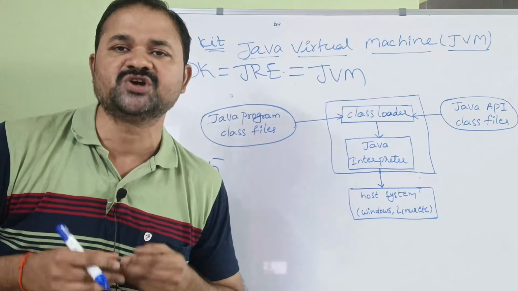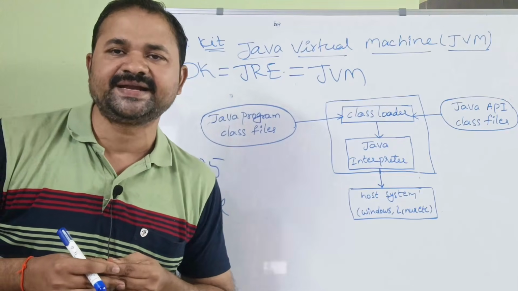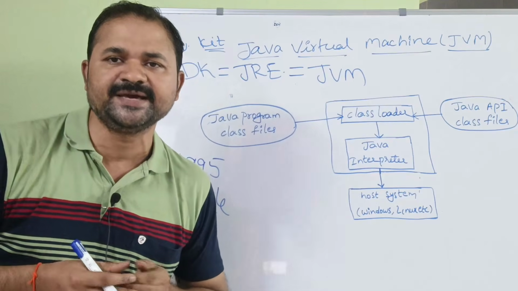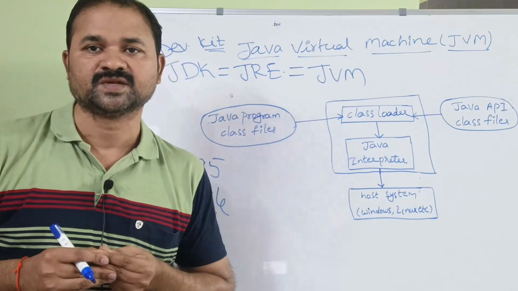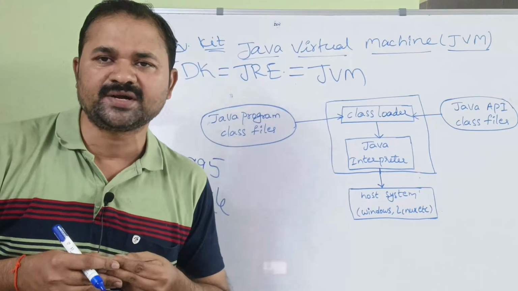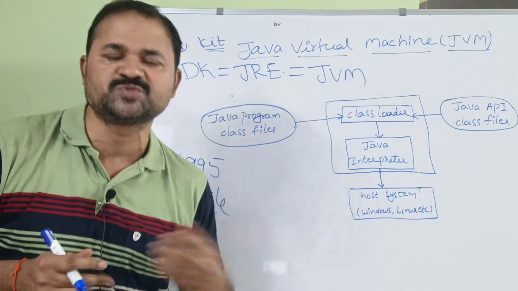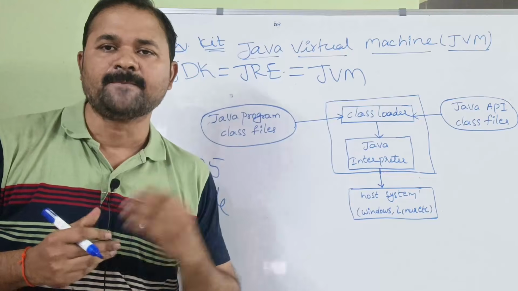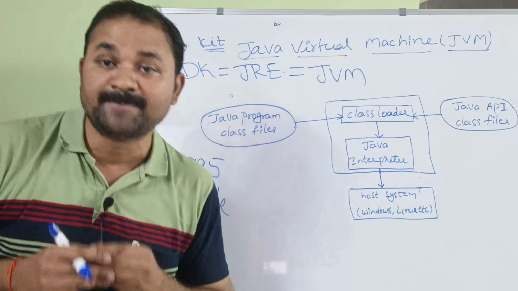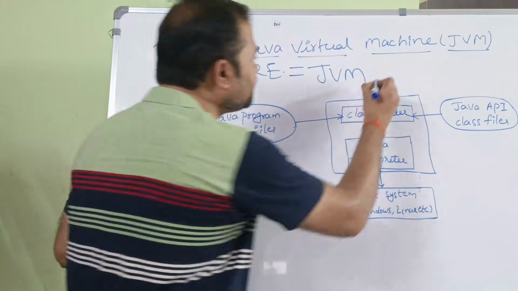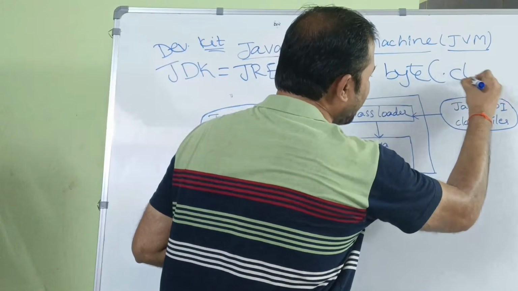JVM means Java Virtual Machine. We know that a Java program is a collection of classes. So we know what a compiler is. The compiler compiles the source program. The compiler translates source code into bytecode. Bytecode means the file with the .class extension.